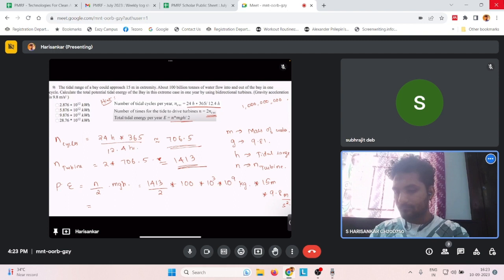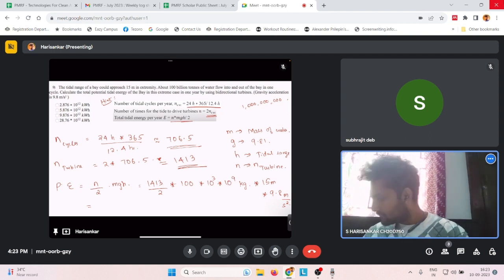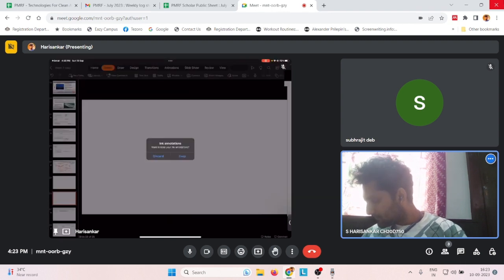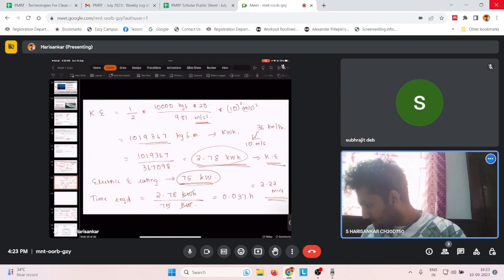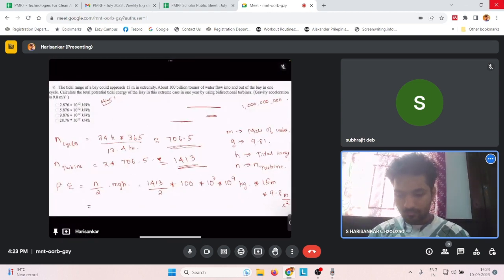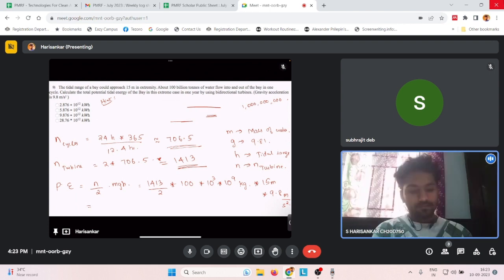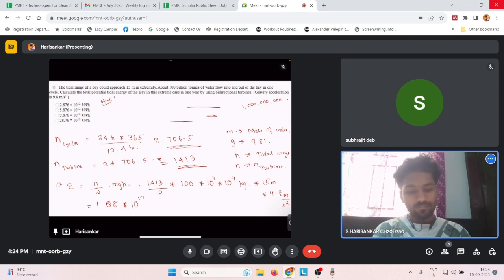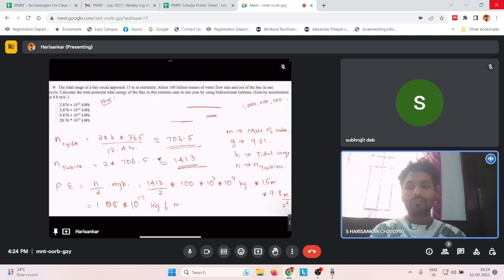So if we do this multiplication, we'll get something like 1.08 into 10 raised to 17 kilogram force meter.